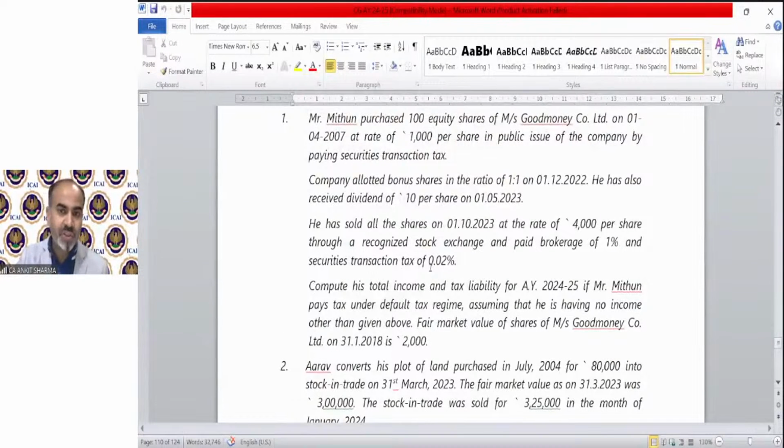The company allotted bonus shares in the ratio of 1:1 on 1st December 2022. He has also received a dividend of 10 rupees per share on 1st May 2023.